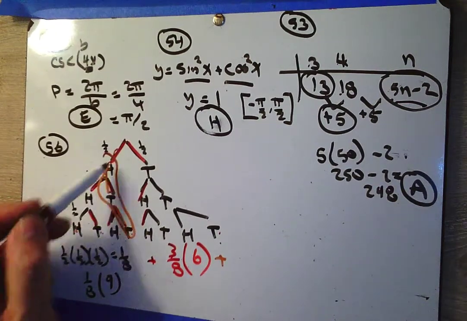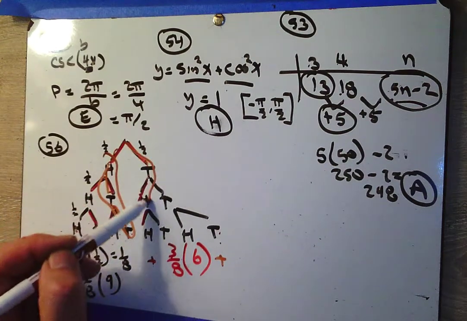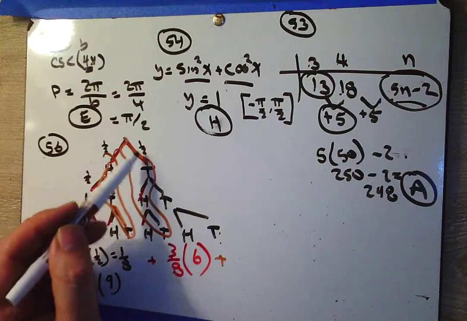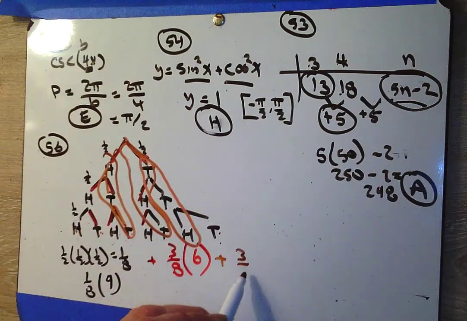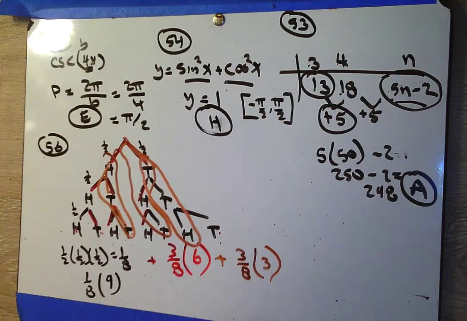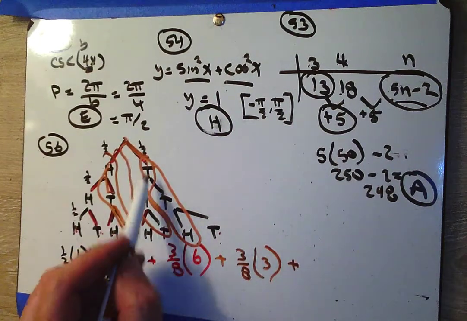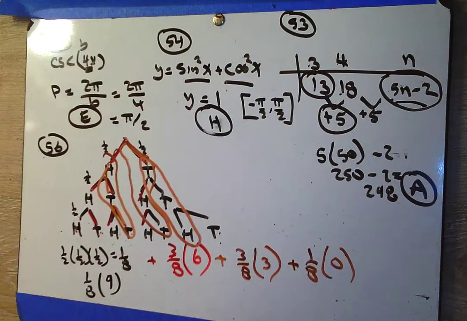That's 1 path. And we've got tail, head, tail. And then we've got tail, tail, head. So there's 3 of those 8 paths, which will only get me 3 points. And finally, there's 1 path here, a 1 in 8 chance of getting no points.